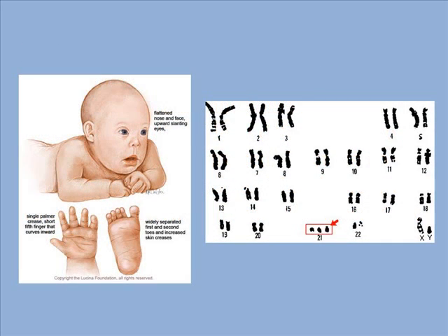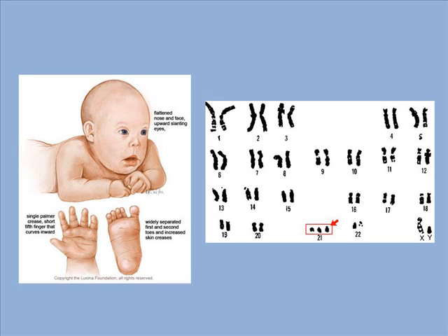The picture here on the left shows some characteristics of children who are born with Down syndrome. There are certain physical features that almost everyone with Down syndrome will have. The picture on the right shows what is called a karyotype. It's a picture of your chromosomes. You'll notice you're supposed to have 46. At pair 1, you're supposed to have 2.